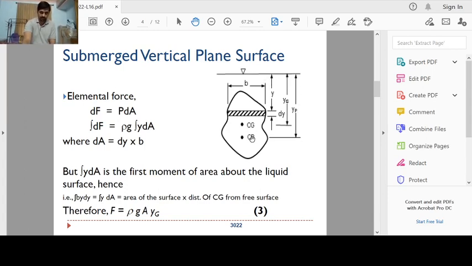We don't know whether Cp is above Cg or below Cg. Approximately we have marked it just to demarcate from yg. yp is marked here. b is the width of the strip.